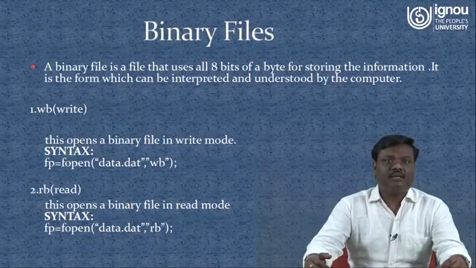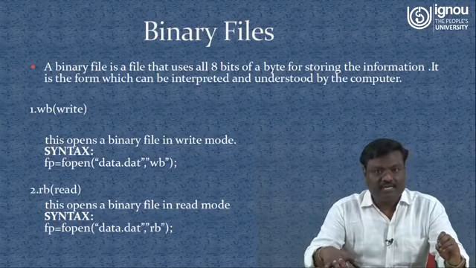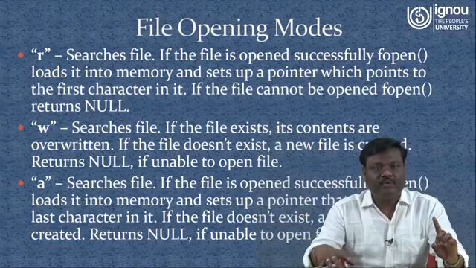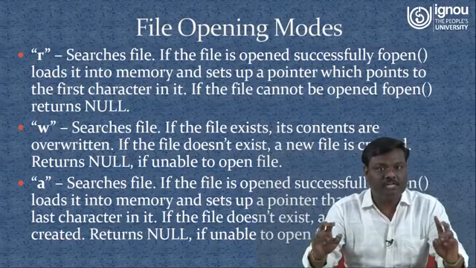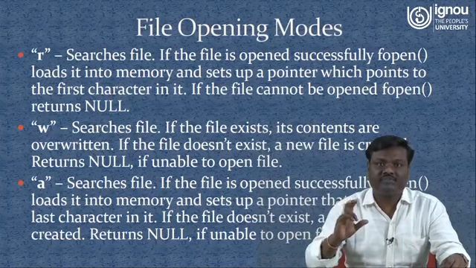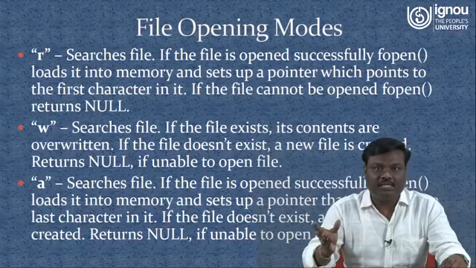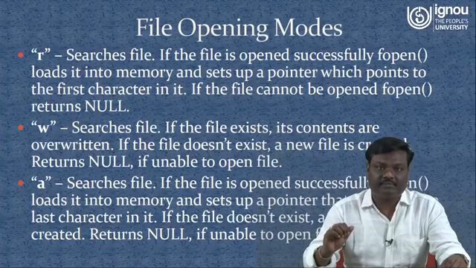Next, coming to the binary files, the modes so far are meant for text files. Even here, you can write RT also within double quotes. By default, if you write R, it will take the text file as the default. If you write RT, the same thing will happen.